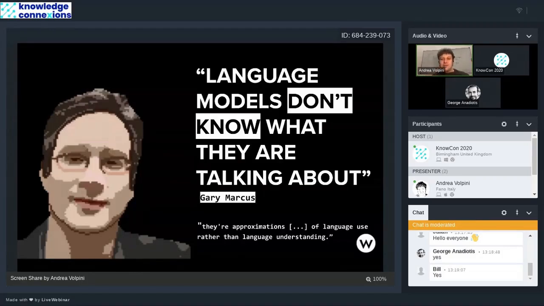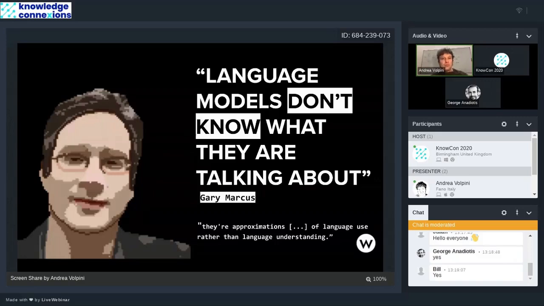Language models are a good approximation of how language is used, but they are very far from understanding language itself, and that's a slight difference. But it will impact a lot in the work that we're going to do today, and in the work that we can do in SEO at this specific point in time with natural language generation.